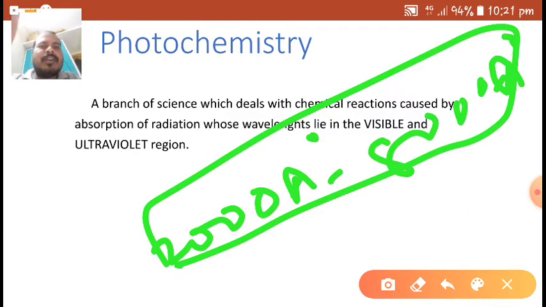So photochemistry is a branch of chemistry which deals with chemical reactions caused by absorption of radiation whose wavelength is between 2000 to 8000 angstroms. This is called photochemistry. Such reactions are called photochemical reactions.